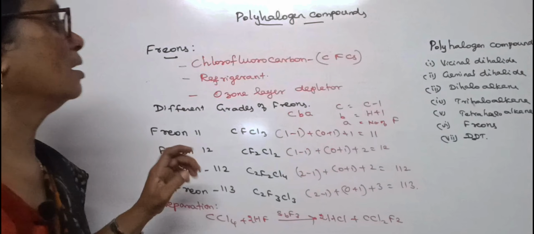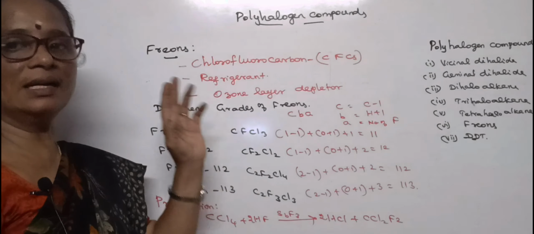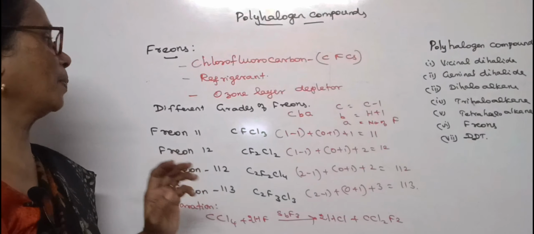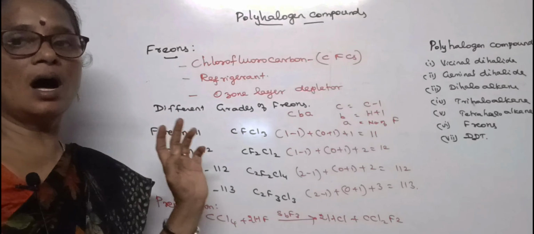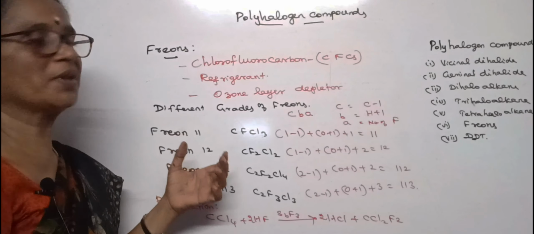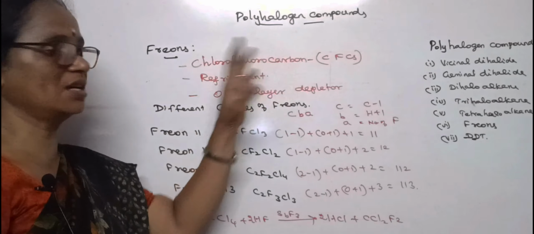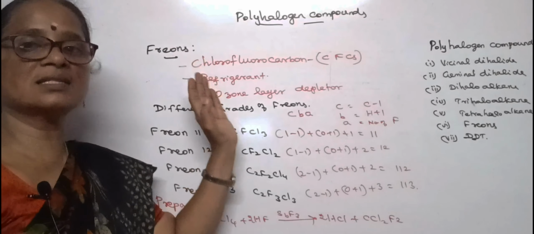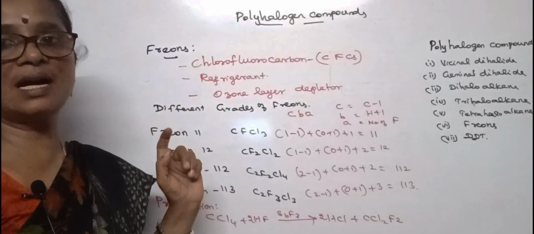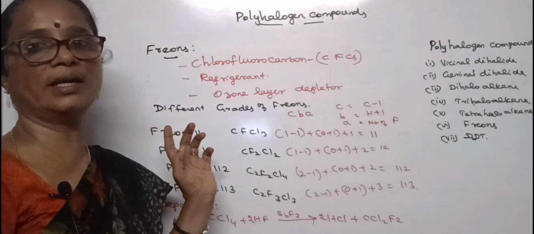Freons. Freons are chlorofluorocarbons and they are generally represented as CFC. These CFCs were once used as refrigerants, now it is banned. When used as a refrigerant, it releases halogen to the atmosphere. When it reaches the stratosphere, it constantly depletes the ozone layer.